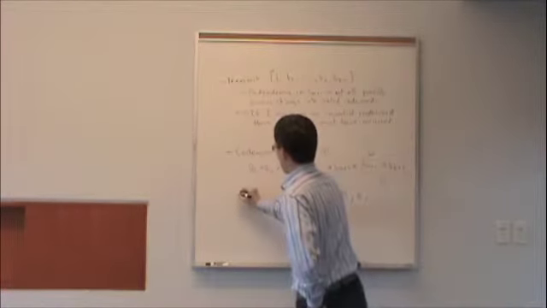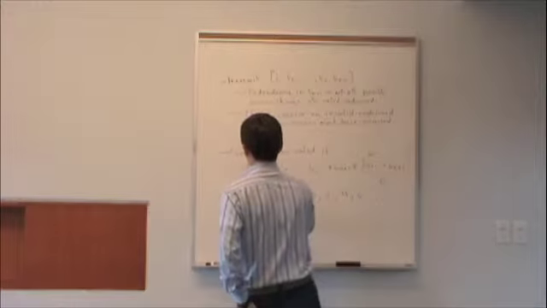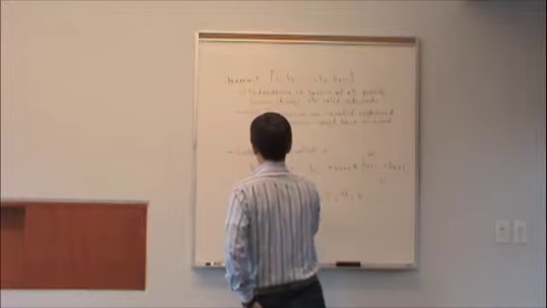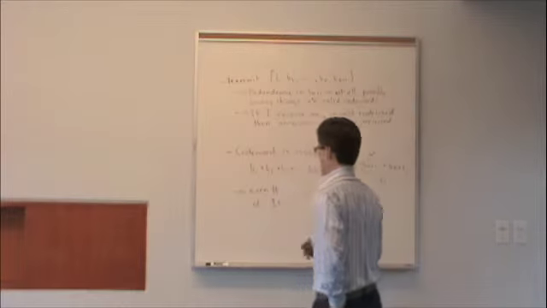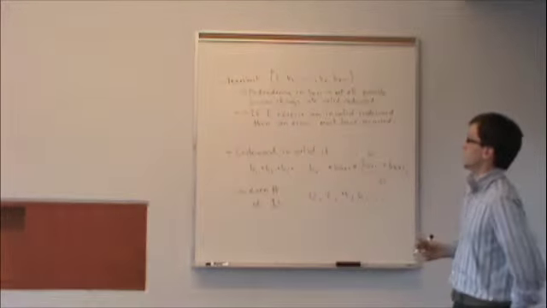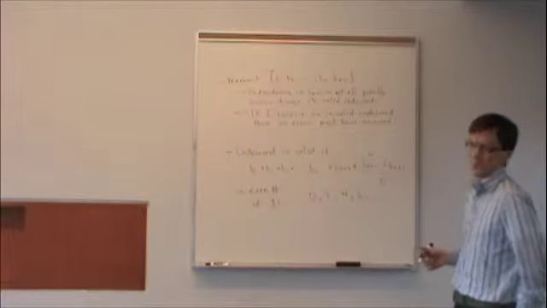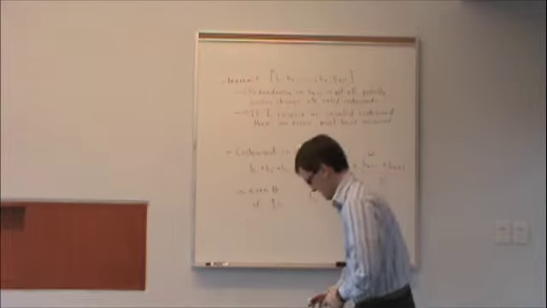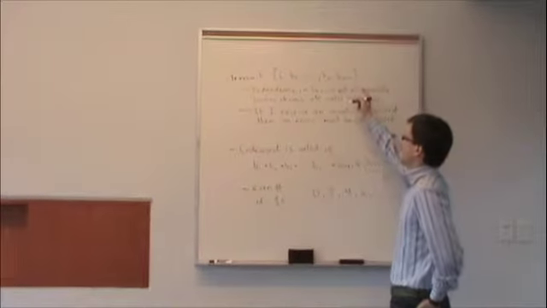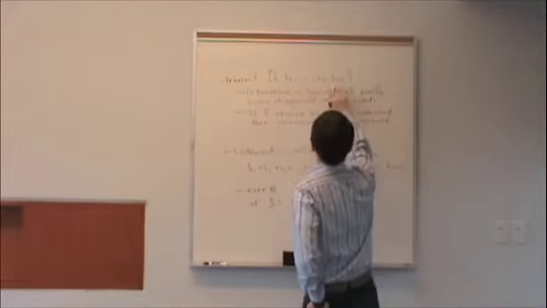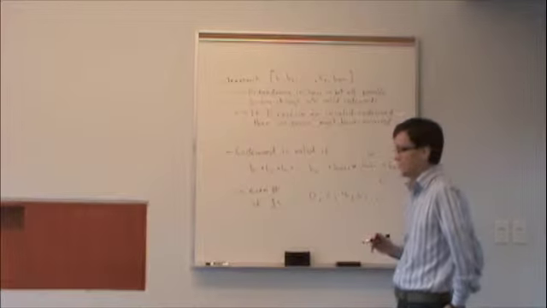So in other words, there must be an even number of ones. So a very simple way to check to see if a single parity check is valid, check to see if there's an even number of ones in the string.